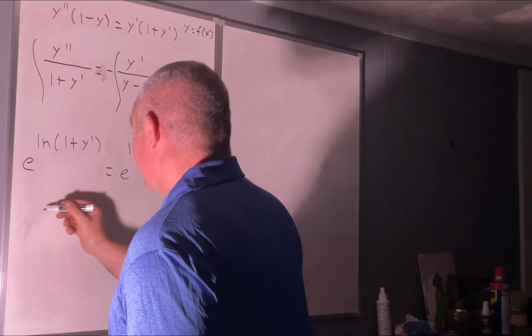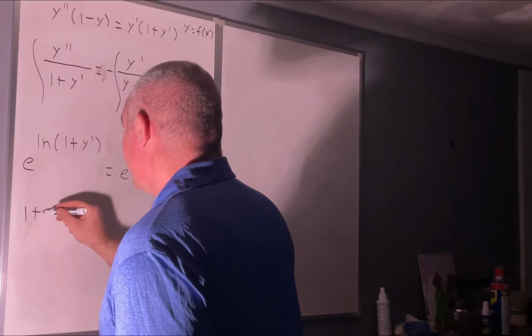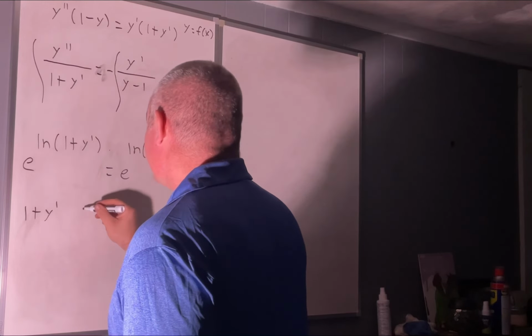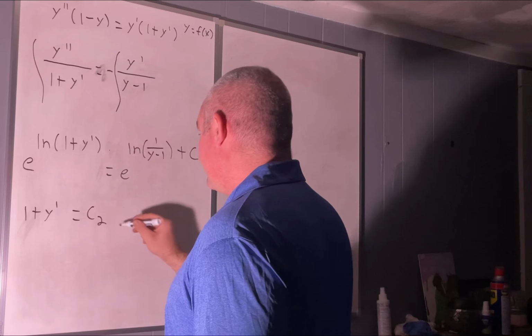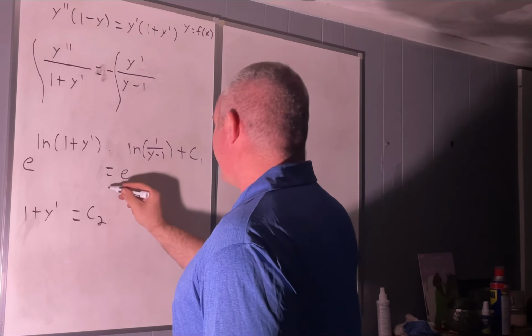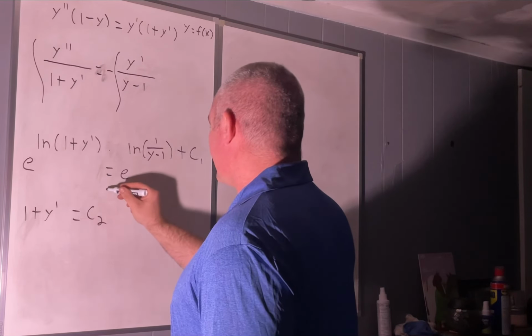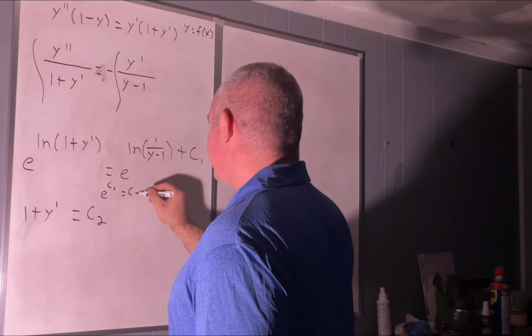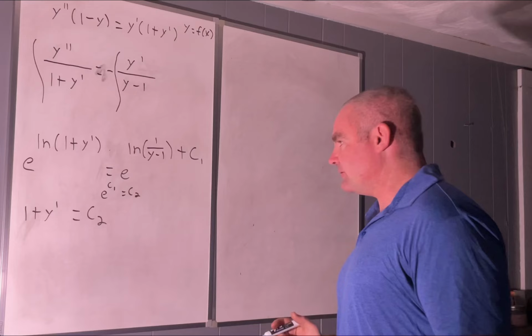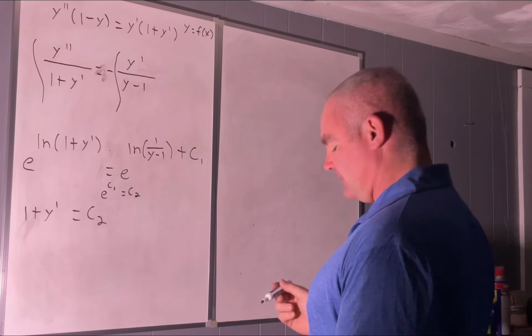So this is going to give us 1 plus y prime is equal to C2. I'll actually write down this step. We'll call e to the c1 equal to c2, because that would still be a constant. You raise a constant to a constant, and you still have a constant.